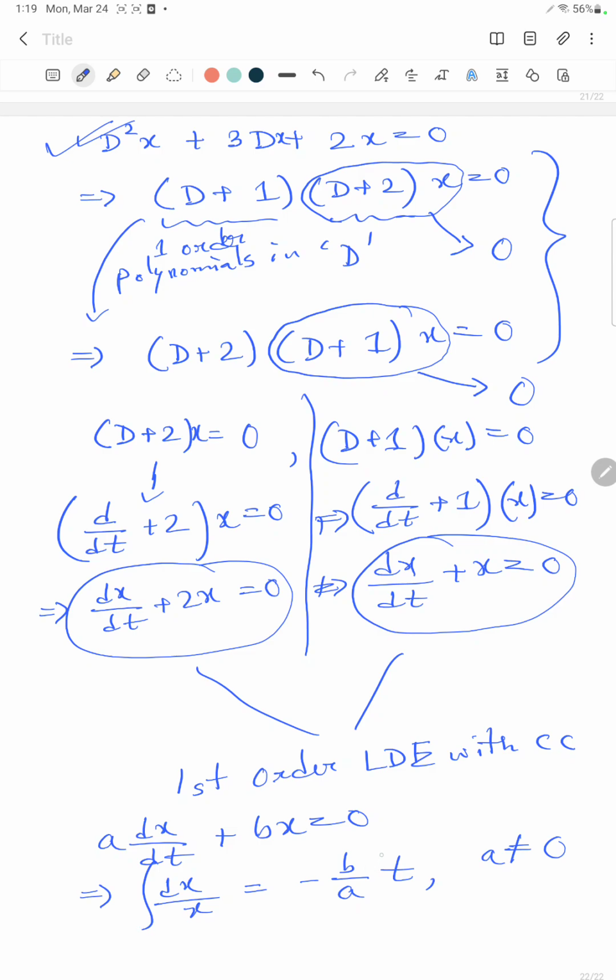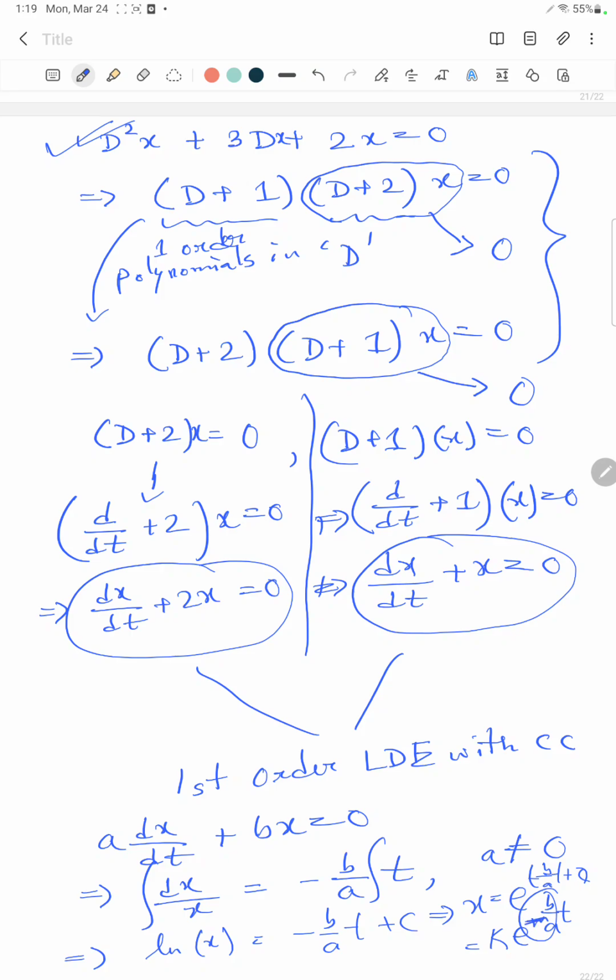If you integrate on both sides, you will end up getting ln x equal to minus b by a into t plus c. So ultimately you will get x equal to e to the power of minus b by a into t plus c, which is of the form k into e to the power mt, where m is minus b by a.